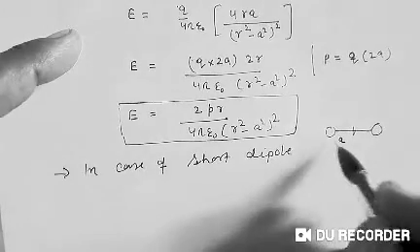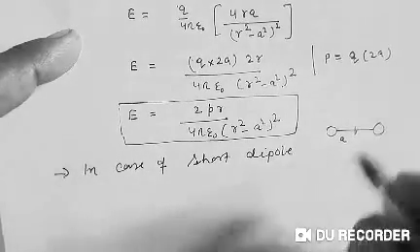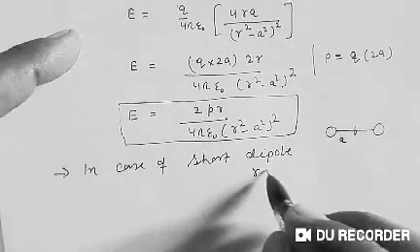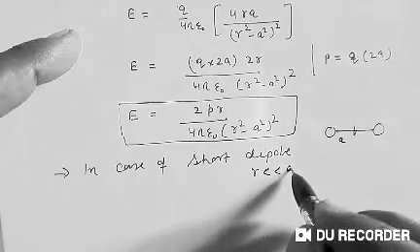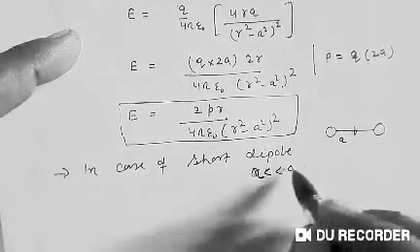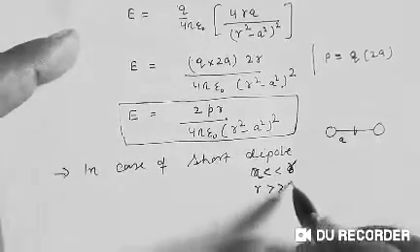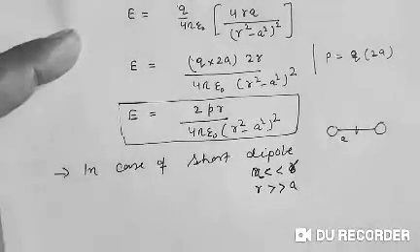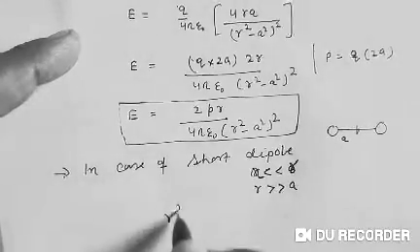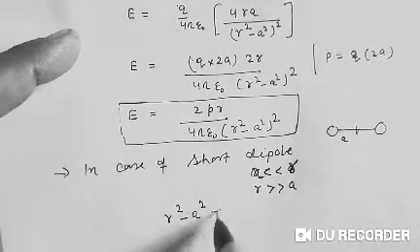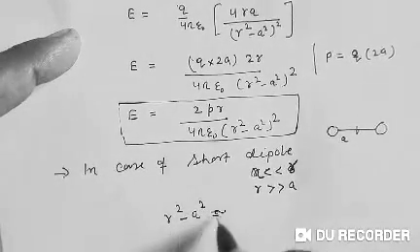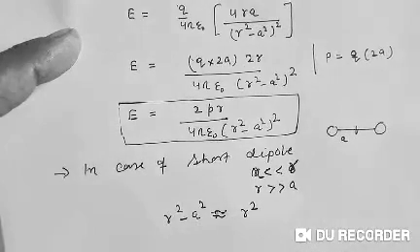If the dipole length is small, a will be very small, right? So if a is very less than r, or you can say r is very greater than a, right? So in that case, r square minus a square is approximately equal to r square.